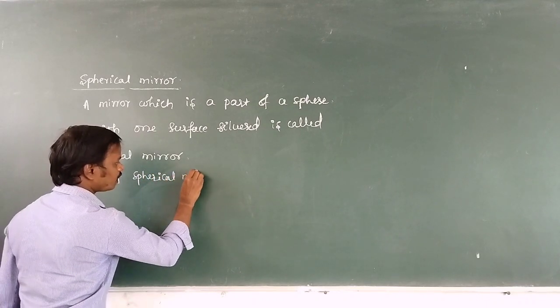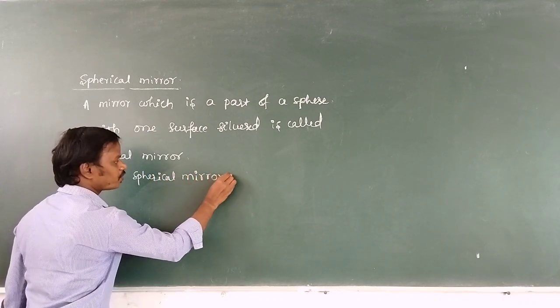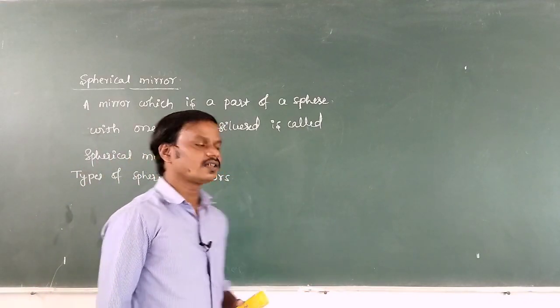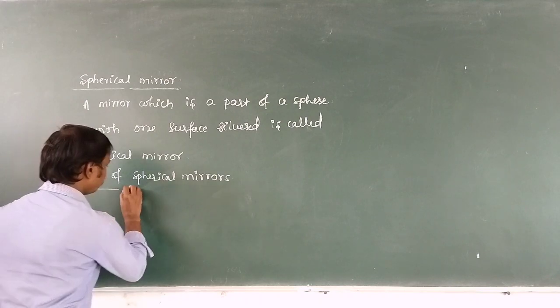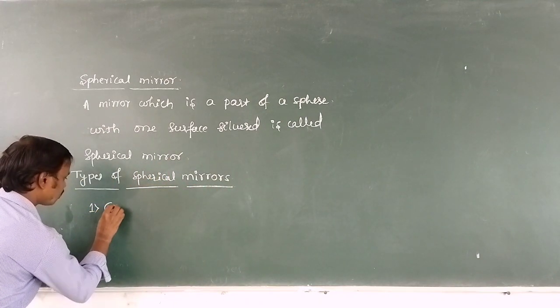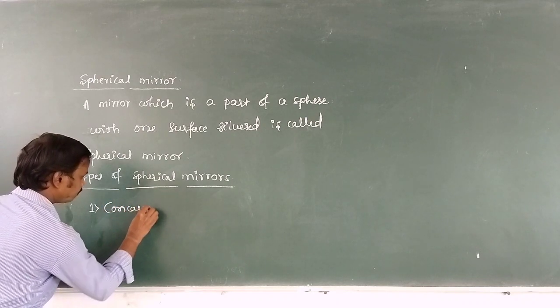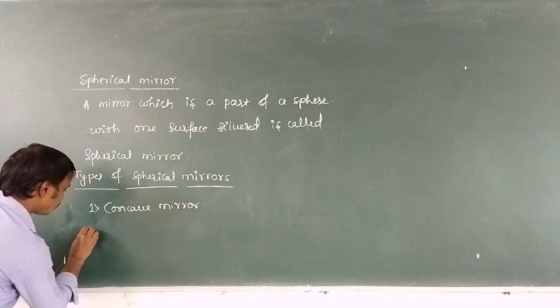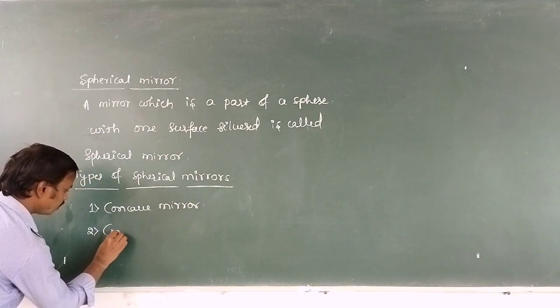There are how many types of spherical mirror? There are two types of spherical mirrors. What are those? Concave mirror and convex mirror. So first type of spherical mirror I will take, that is concave mirror. And second type of spherical mirror, that is convex mirror.